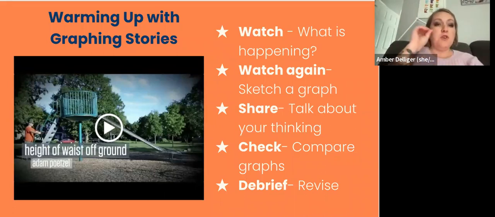Perfect. So if you've never been on a slide before, we want to just remember that we have to go up, because it's no fun to go on a slide that's flat. We have to go up and then go down a slide. Perfect. When you do this activity, I do want you to watch what's happening. So we're going to watch this 15 seconds a couple times. The first time, the first 15 seconds, I just want you to watch.